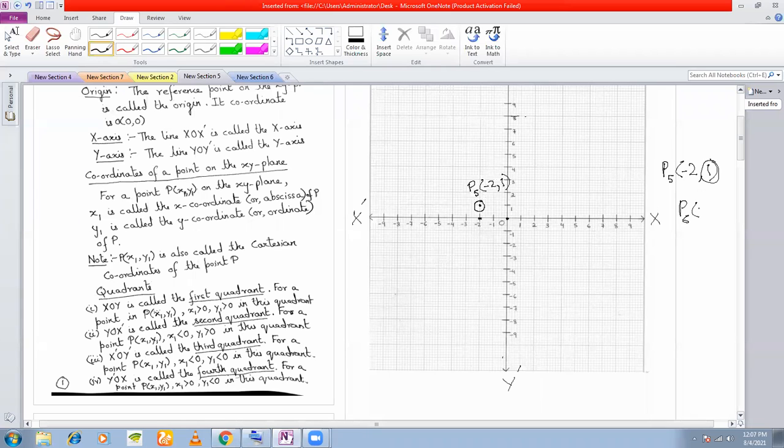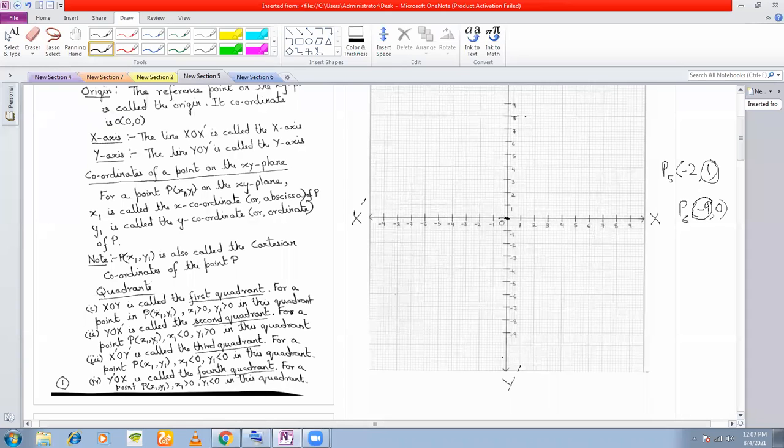Let us take another point P6. Let us say now I want to plot (-9, 0). How will you plot (-9, 0)? Start from the origin and start moving in the negative direction of x because the x coordinate is negative.